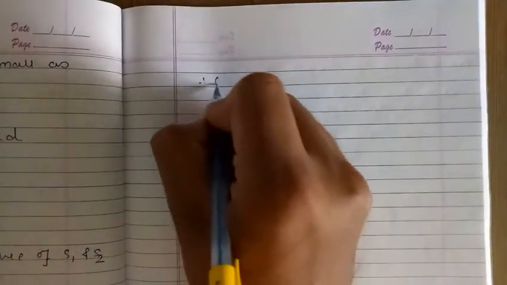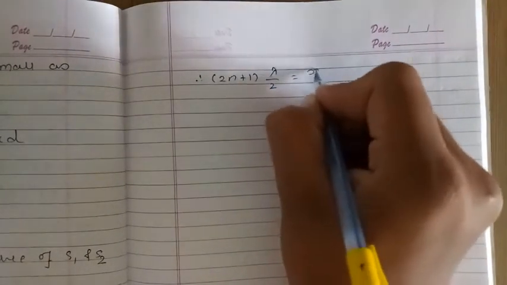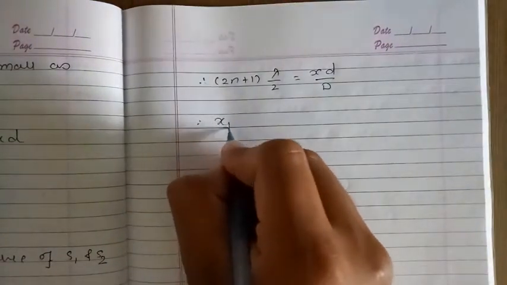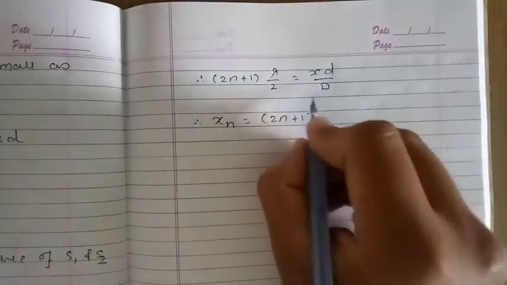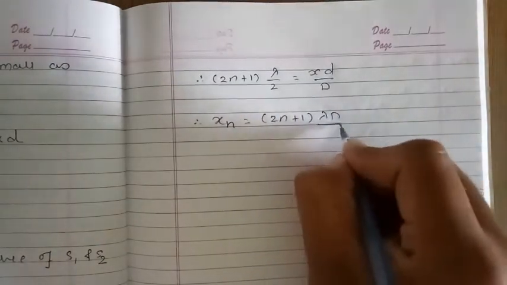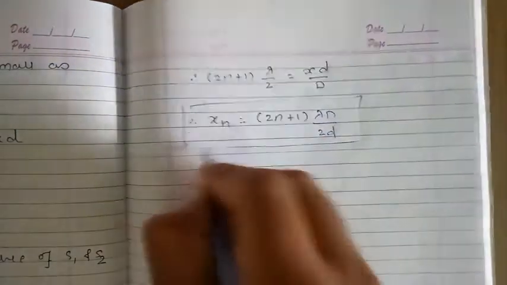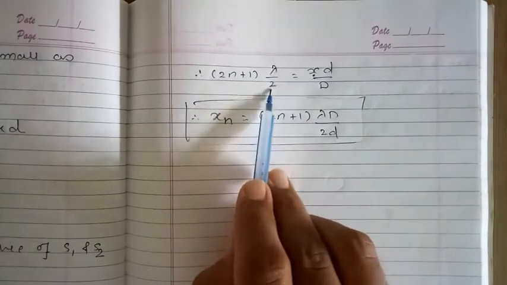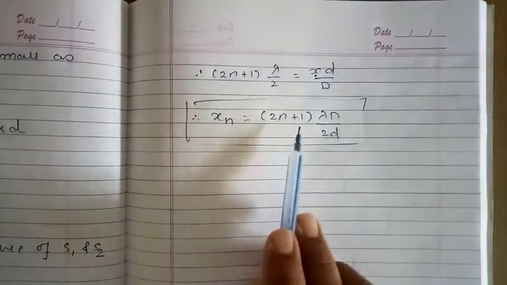So (2n plus 1) into lambda by 2 is equal to x into small d upon capital D. So xn is equal to (2n plus 1) lambda into capital D upon 2 into small d, where (2n plus 1) and lambda by 2 stay as they are, with capital D in the numerator and small d in the denominator.